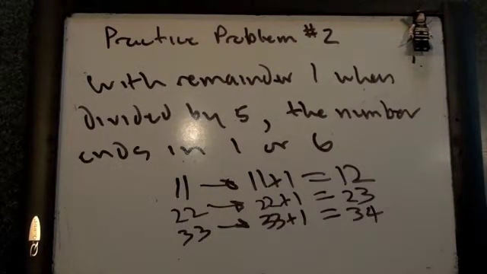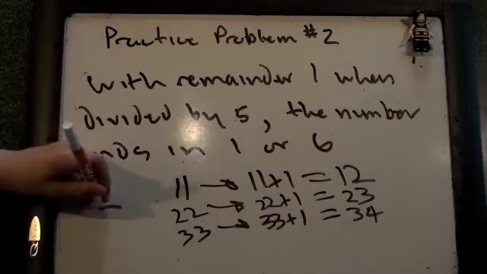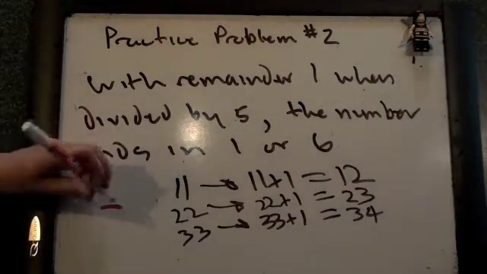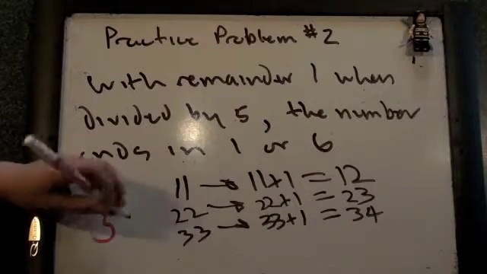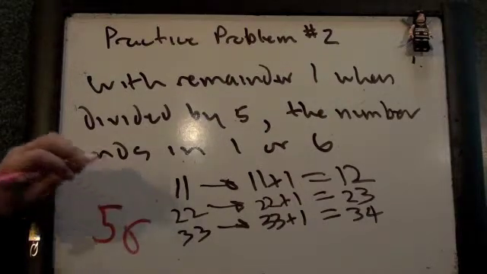Does 56 have remainder 1 when divided by 5? Yep. Does it have remainder 1 when divided by 11? Yes, it does, because 55 is divisible by 11. So what's the answer to the problem? 56.